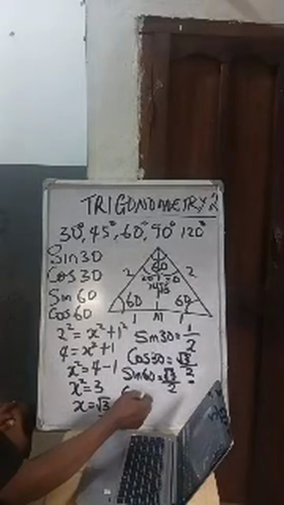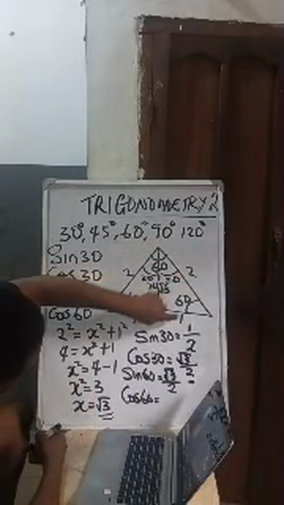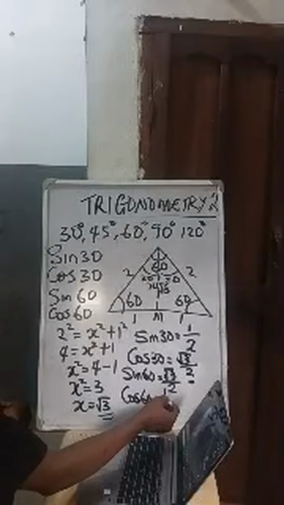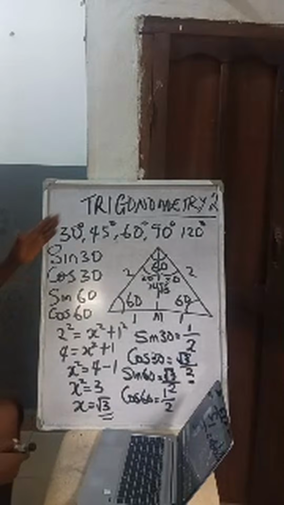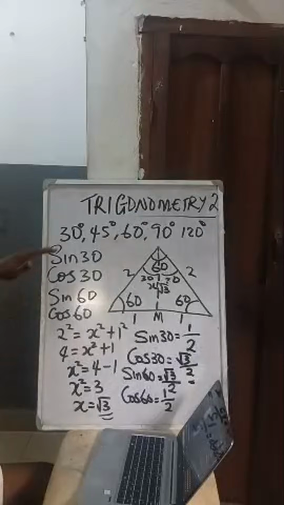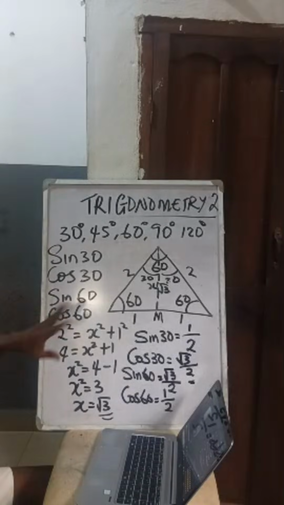And cos 60 is equal to adjacent is 1, hypotenuse is 2. 1 over 2. And that brings us to the solution to sine 30, cos 30, sine 60, cos 60.